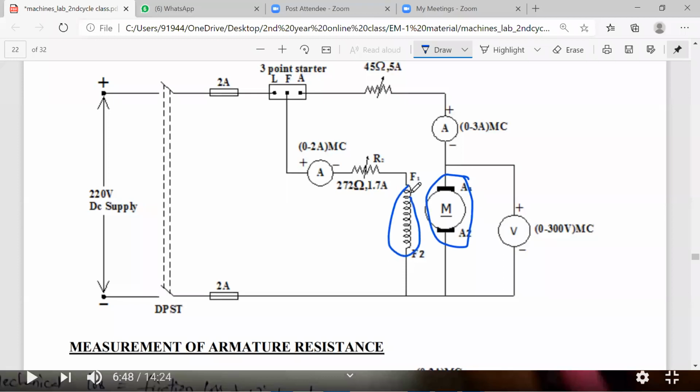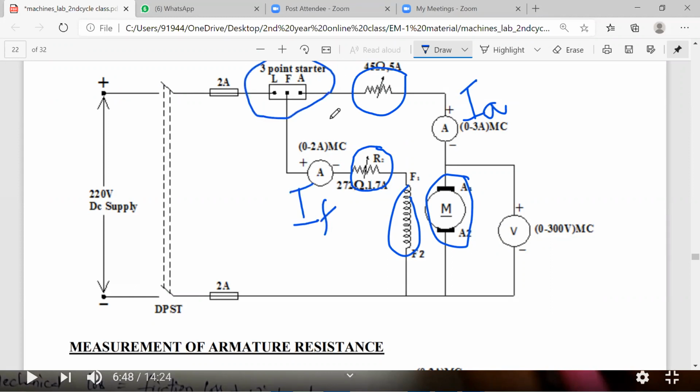field. See here, we have two rheostats. This rheostat is called the field rheostat. This rheostat is called the armature rheostat. This ammeter measures armature current IA. This ammeter measures field current IF. So this is the 3-point starter to start the motor, because the motor is started with the help of a starter only.